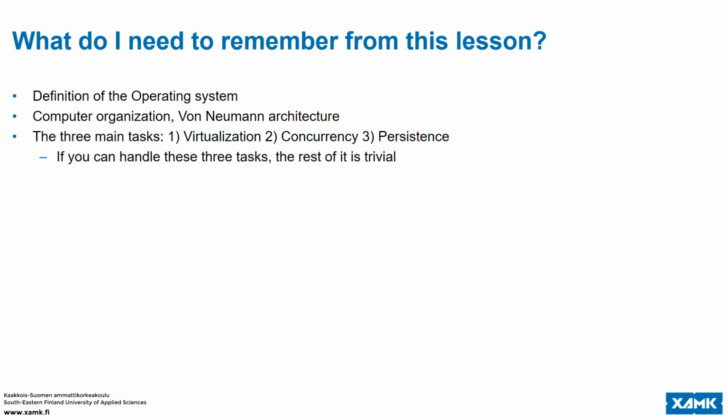And finally, speaking of things needing to be remembered, I will collect one of these slides at the end of each lecture presentation. What do I need to remember from this lesson? The things to remember are a definition of an operating system. We went through at least one, and we discussed in detail how a computer system works, or what components it consists of.